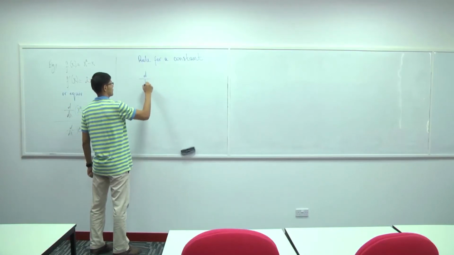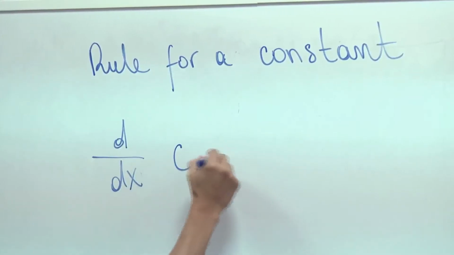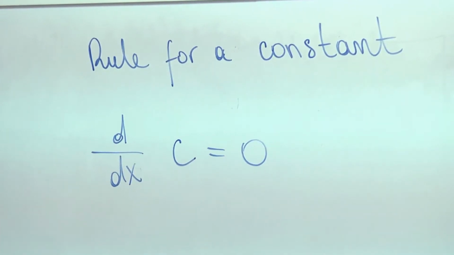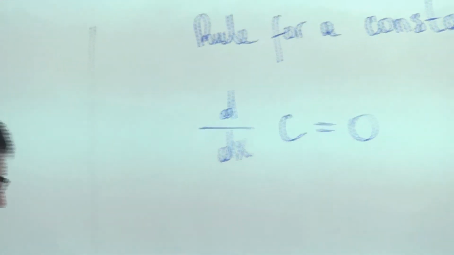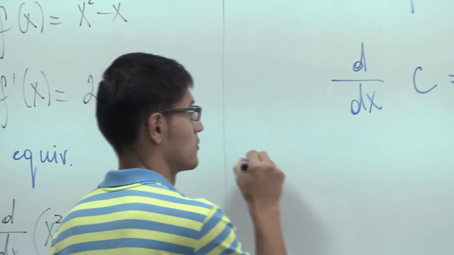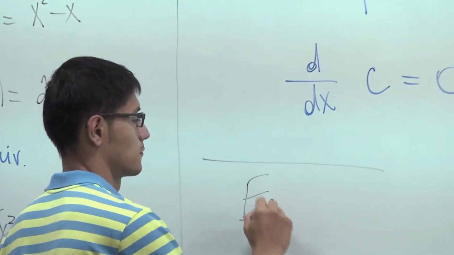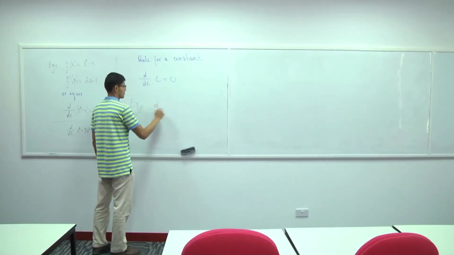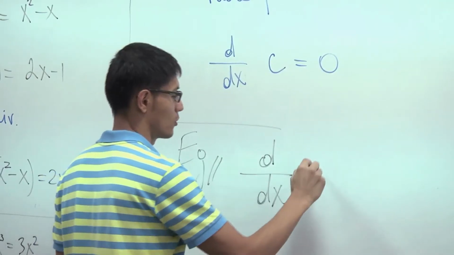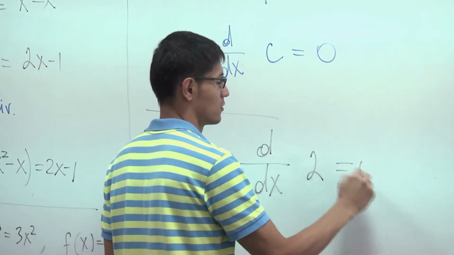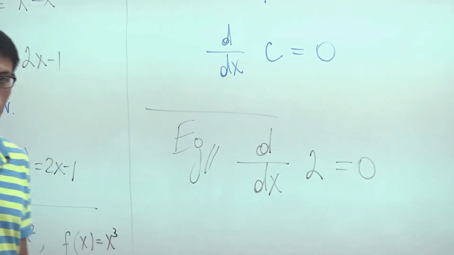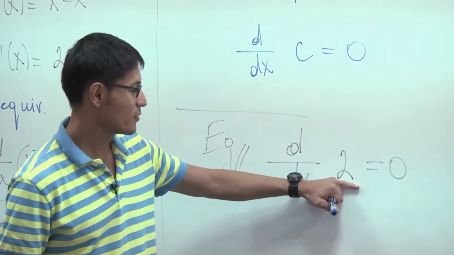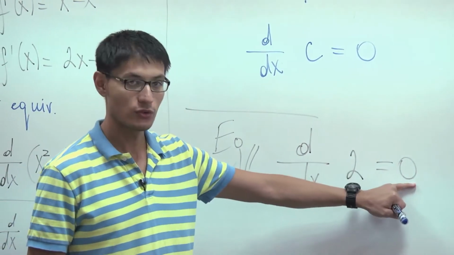Well, the derivative of a constant is equal to 0, okay? For example, the derivative of 2 is equal to 0. So if you have a constant by itself, its derivative is equal to 0.